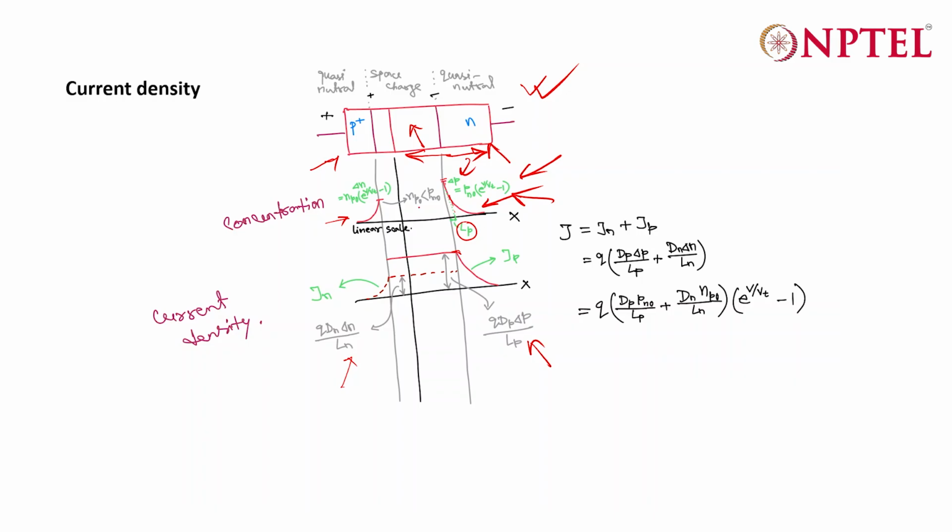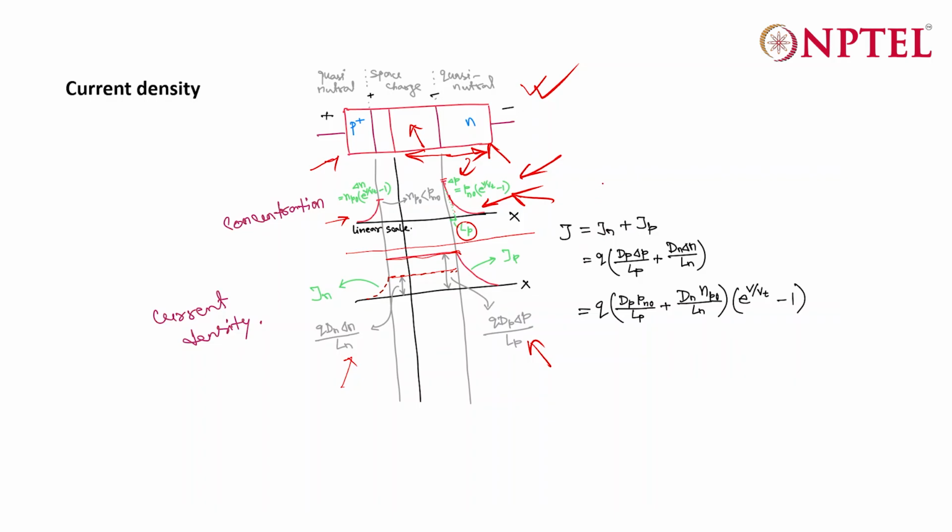And the current in the space charge region will be constant, because we have taken an approximation that there is no generation and recombination in the space charge region. And if you now figure out the total current, it also will be constant throughout the device. That is J is equal to Jn plus Jp.